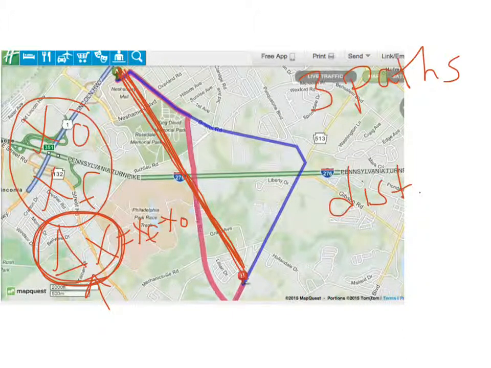Okay? All three of them have the same displacement. They have the same initial and final position. The three different paths, though, all travel different distances, the shortest distance of which, in this case, is the displacement of all three of them.